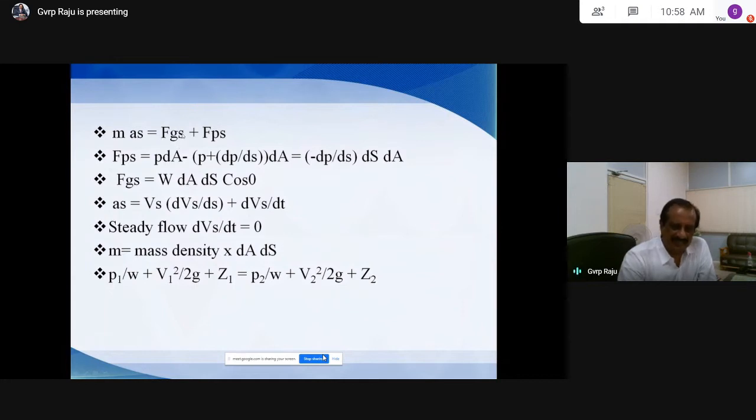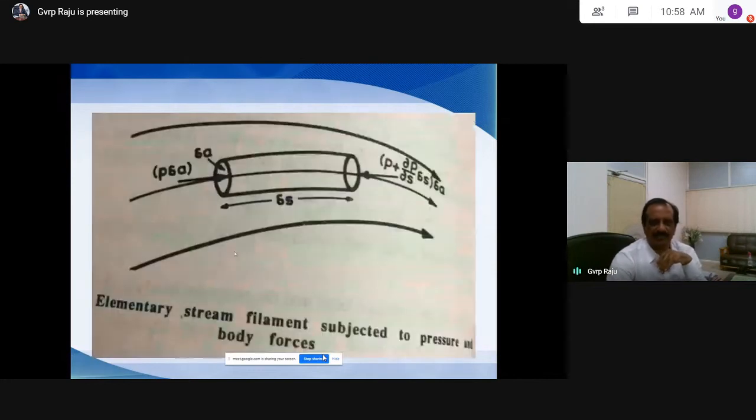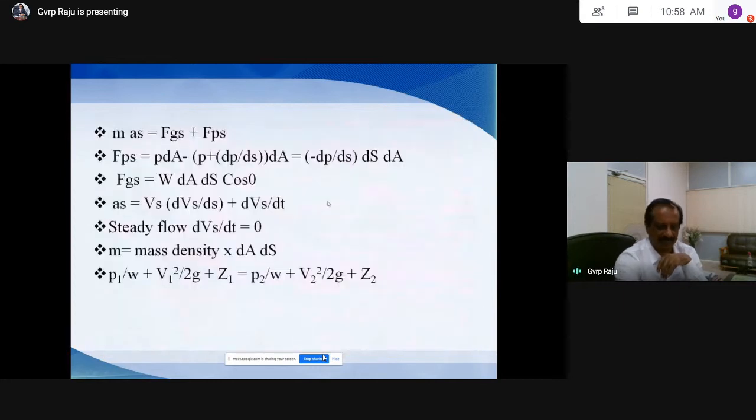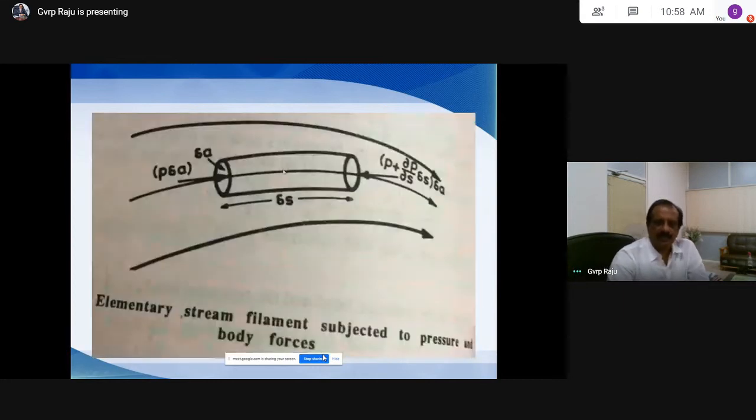So FGS just represents the force in the tangential direction. As you know, the weight acts always in the vertical direction. Then it is required to resolve this weight in the tangential direction, by knowing the angle theta here.